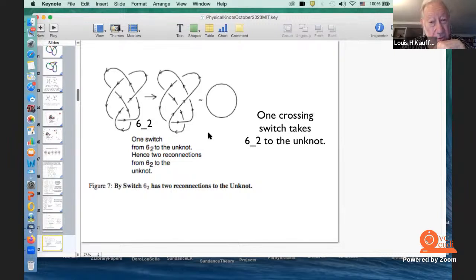So 6.2 only took 2 reconnections. It didn't require 4. And that leaves us with the question, what about that physical system from the nonlinear Schrodinger equation? Maybe it really needs 4 to undo 6.2. It's not going to do it as efficiently as the topology did. We don't know. It would require some more experiments.